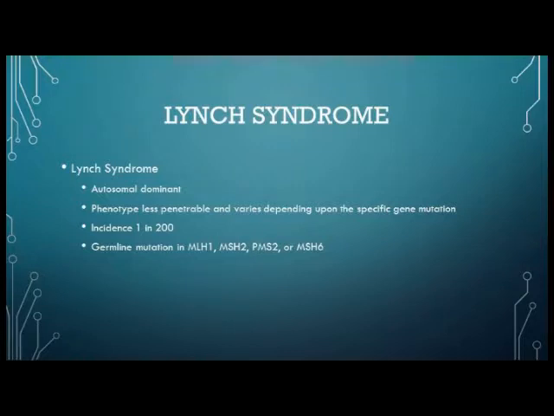The phenotype is much less penetrant in Lynch syndrome than in a BRCA mutation, and varies a lot depending on which of the proteins you're mutated in. The incidence is about 1 in 200, so it's a pretty common mutation in our population. Again, the 4 proteins you can be mutated in are MLH1 and MSH2, your big ones, then also PMS2 and MSH6.